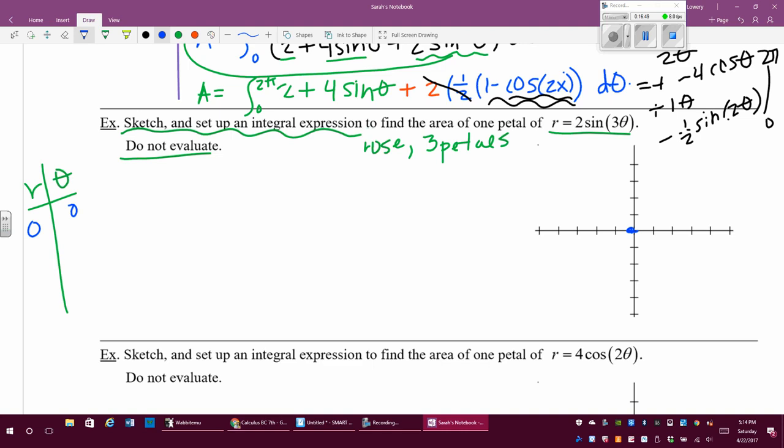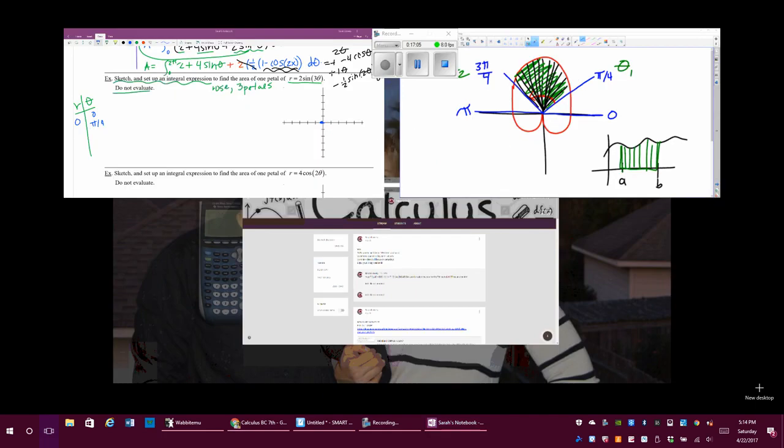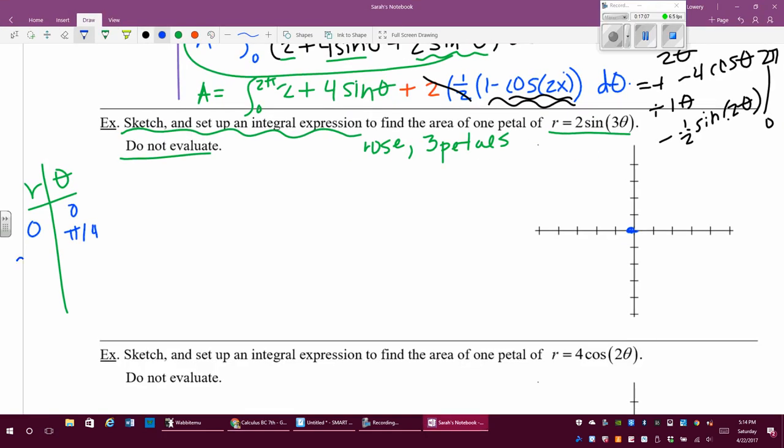But then I'm going to be thinking about pi fourths to basically see, is there a petal jutting out on that side? So if I plug in pi fourths, I get sine of 3 pi fourths, which is in fact root 2 over 2, and then 2 times root 2 over 2 is going to cancel out those 2's, and it's going to give me root 2, which is 1.41.